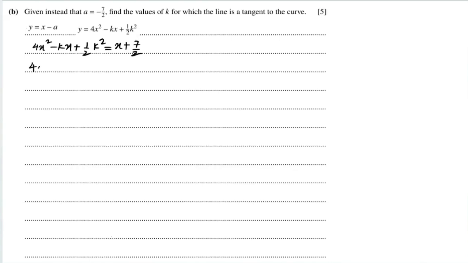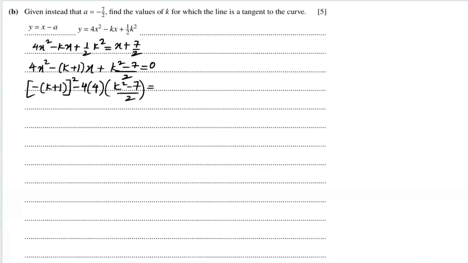If I standardize this equation the same way, you can pause and do it on your own. This will look like this plus half k squared minus 7 over 2. Whatever way you do it, you just need to solve it perfectly. Okay, so now let's apply the discriminant. This becomes b squared minus 4ac, where a is 4 and c is half k squared minus 7 over 2, equals 0.